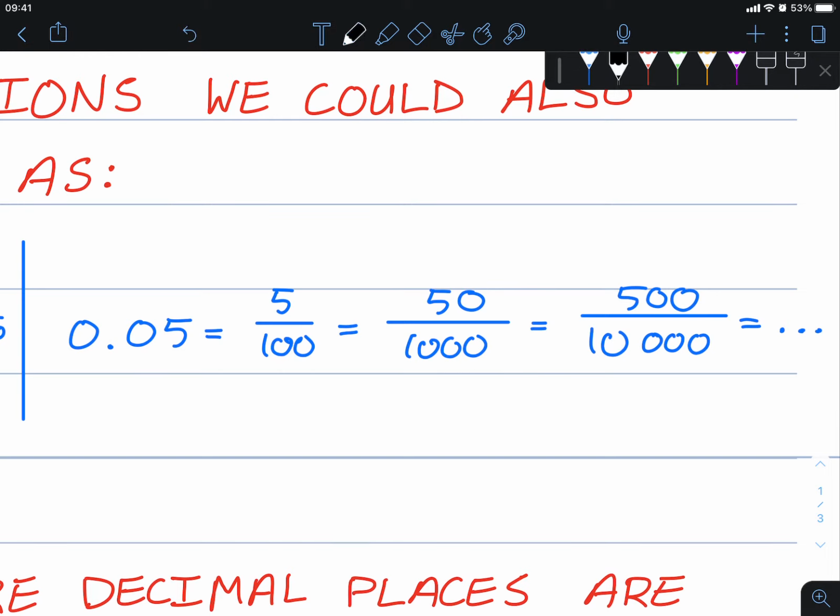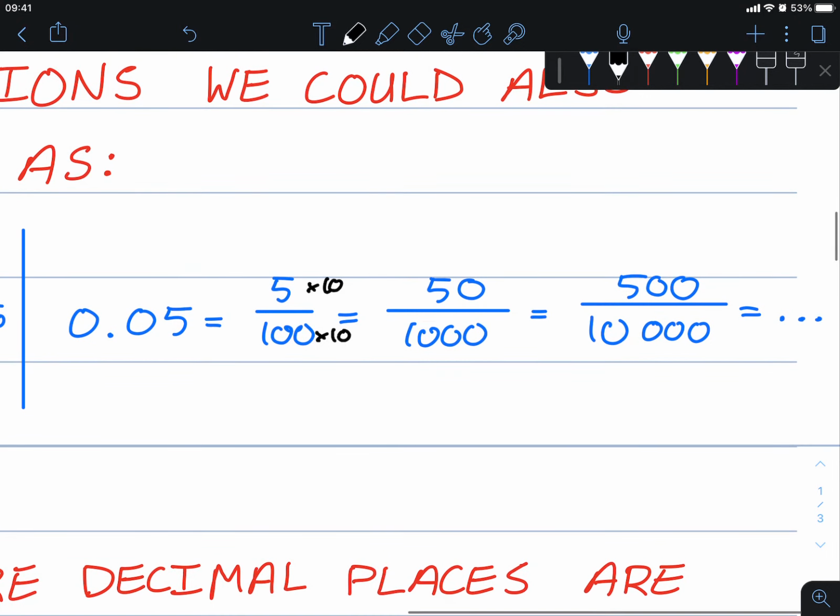In case you missed what we did, we multiply both by 10, so 5 times 10 is 50, 100 times 10 is 1,000. And same deal here, if we multiply by 10 again, we get 500 over 10,000 and so on.